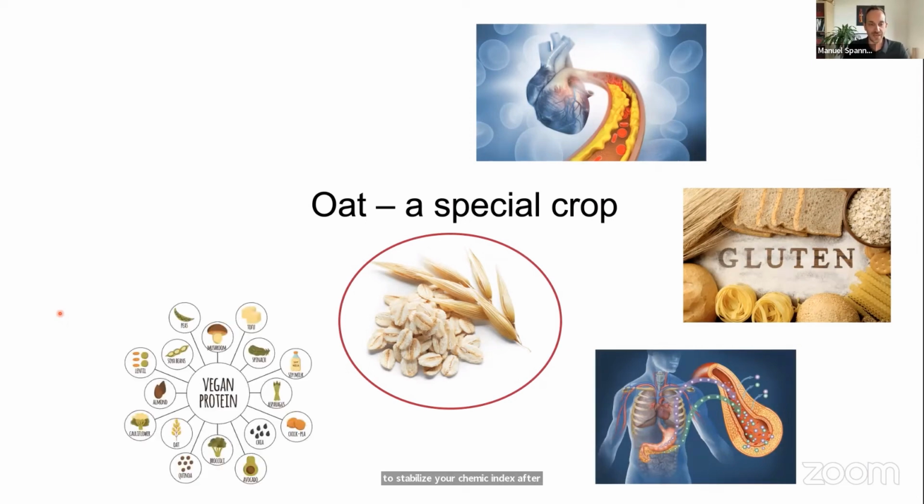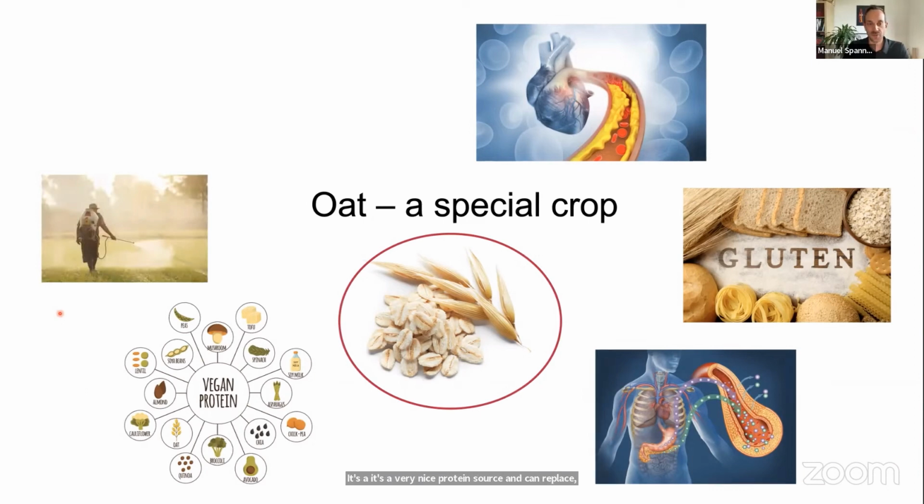It's a very nice protein source and can replace meat-based products. It requires fewer fertilizers and pesticides compared to other crops, and it has a low carbon footprint. All of that makes oat a really emerging and special crop.